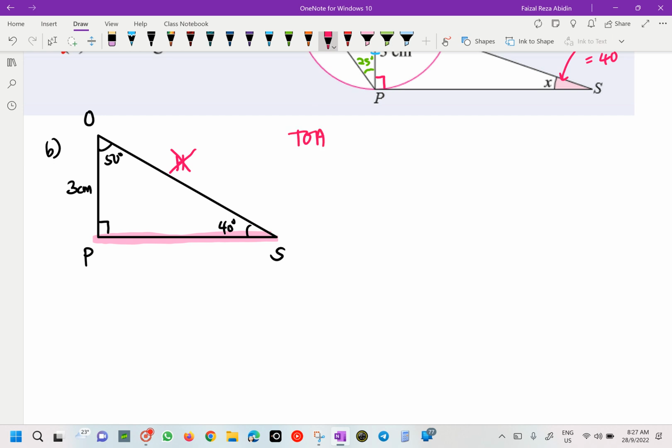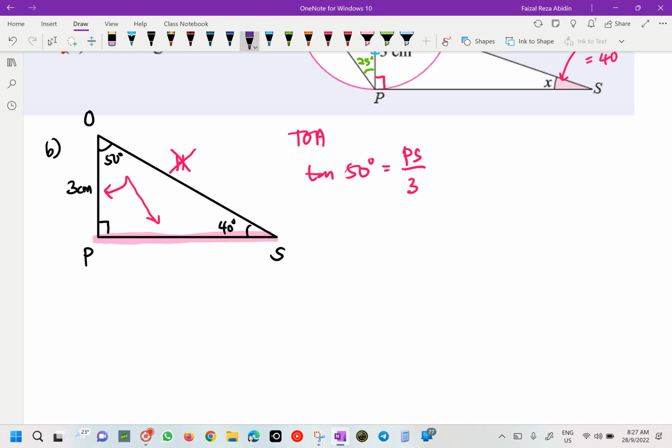So this one also, you have two angles there, isn't it? It depends. If you are using the 50 degree, the opposite here is going to be our PS over adjacent, which is going to be 3 centimeter, isn't it? 3, that is OP there.